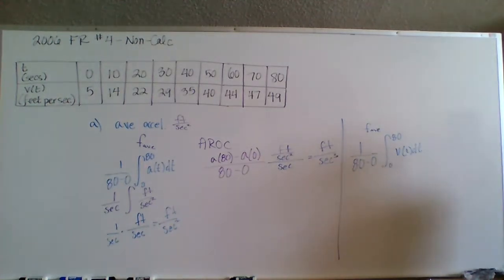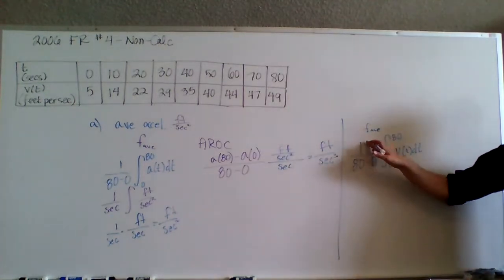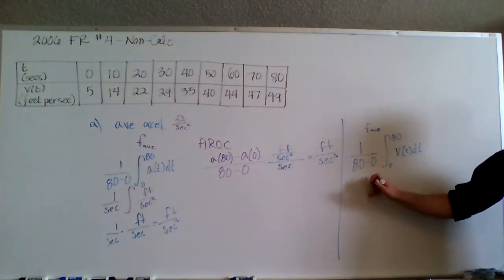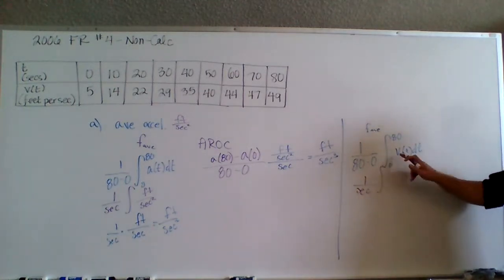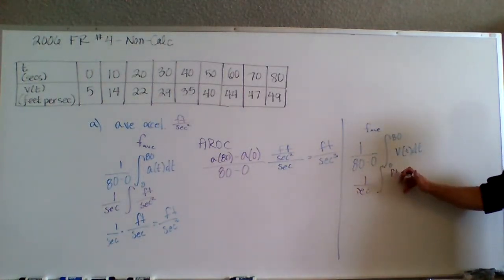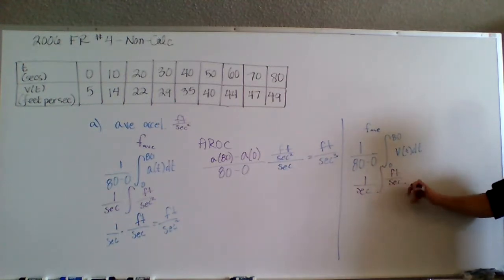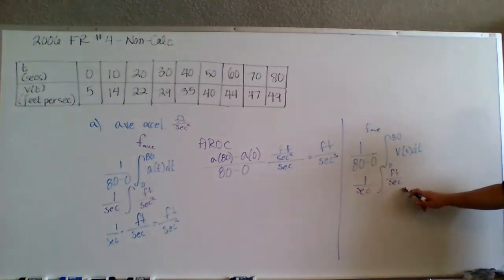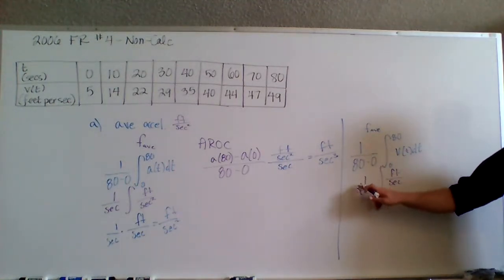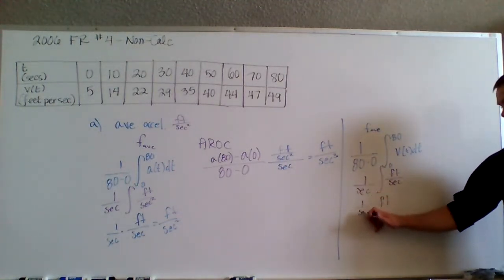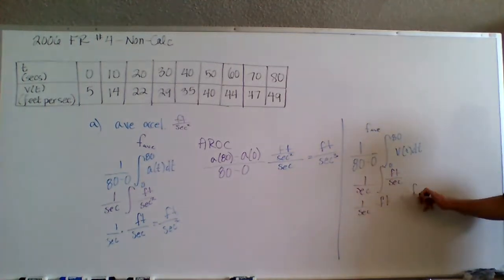Out front, this is really 1 over time, so 1 over seconds. And velocity is really going to be feet per second. If you integrate feet per second, what you're going to end up with is feet. We still have our 1 over seconds out front, so this is going to give us feet over seconds, which is a velocity.